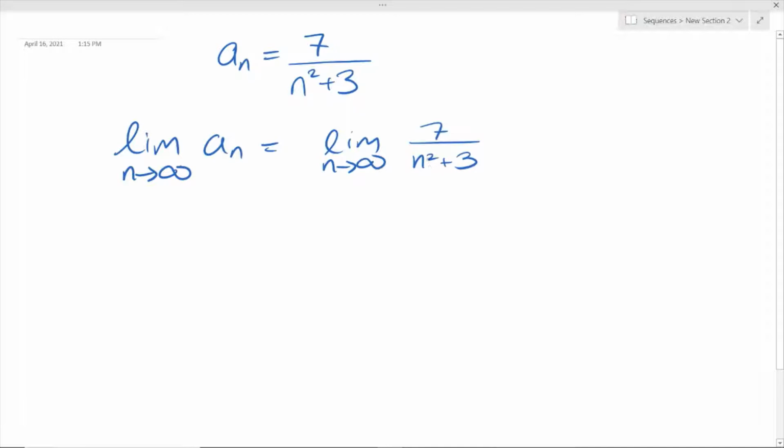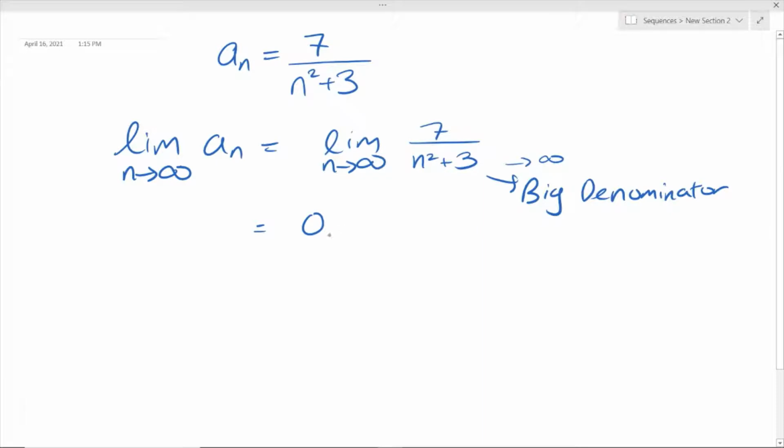As n goes to infinity, this n squared is going to go to infinity as well, so we get a really big denominator in comparison to a really tiny 7. A tiny 7 over a big denominator basically shrinks this number. So this limit is going to approach 0, because the number is getting really small.